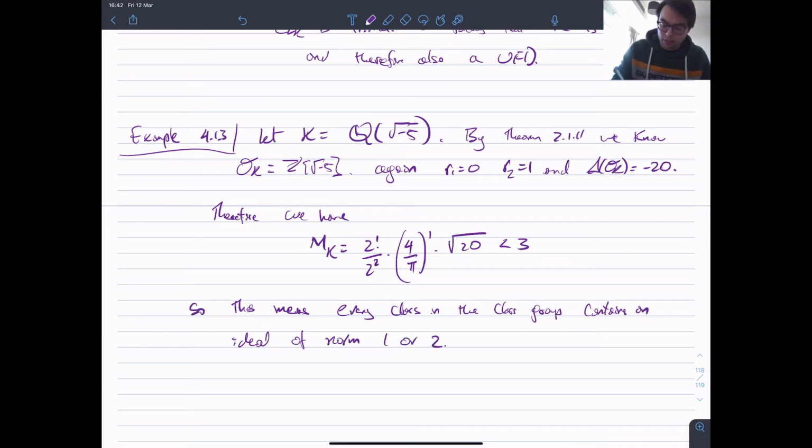The Minkowski bound is strictly less than 3. We know that there's only the trivial ideal of norm 1, so we've got to figure out what the ideals of norm 2 are.